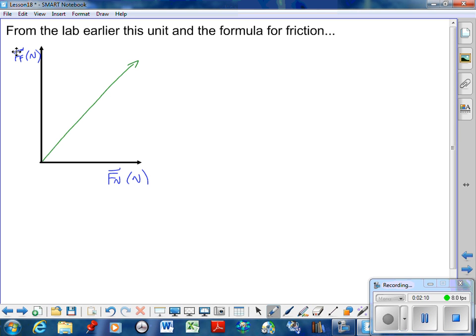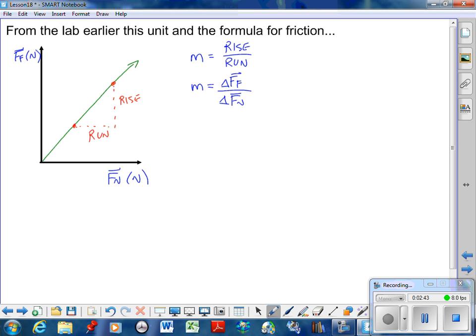Once you have that linear relationship, it means we can find a slope. So the slope must be fairly important. If we take our rise and our run, take a look at what happens. We know slope is rise over run. So if I replace that, slope equals rise, which will be the change in force due to friction, over the change in the normal force.